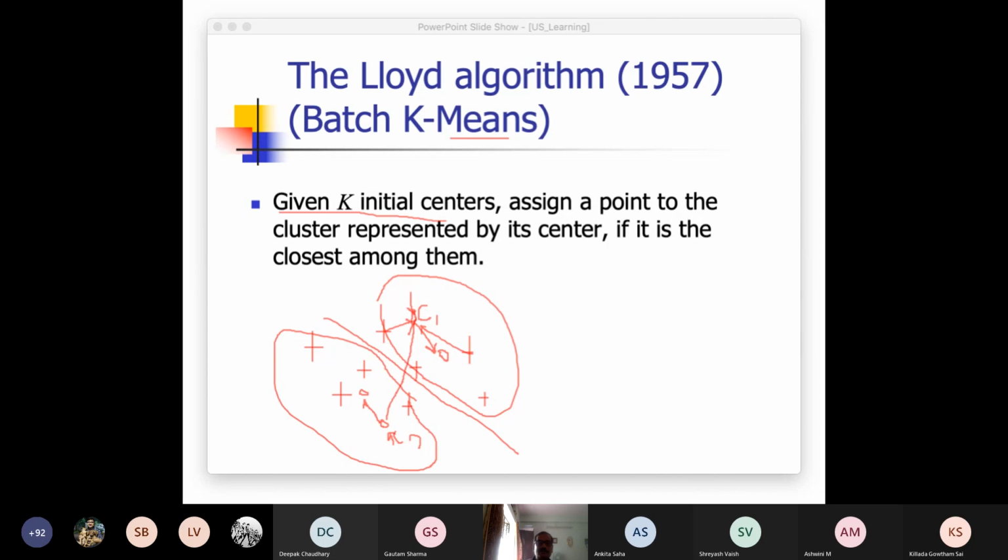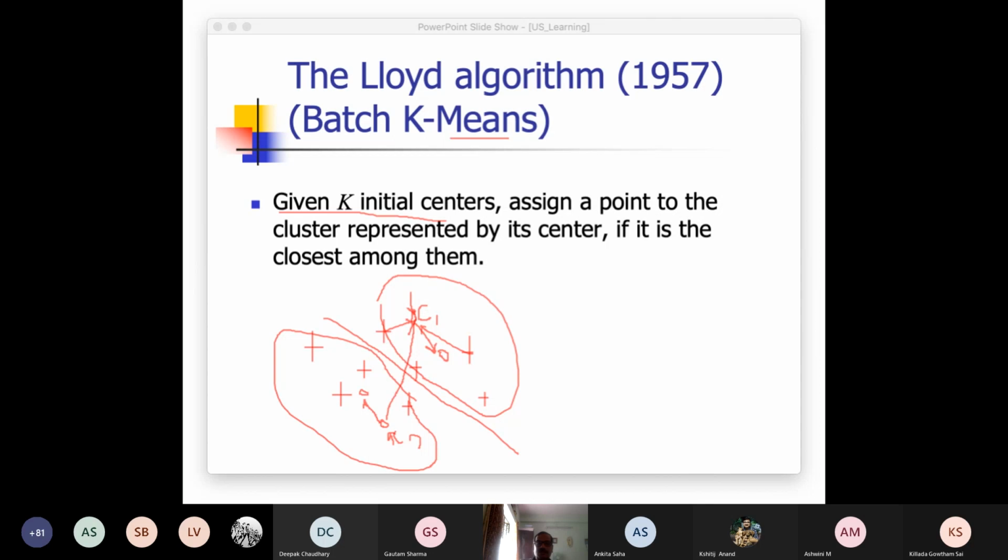Bhuvaneshwari. Rupinder. Rupinder is also not here.